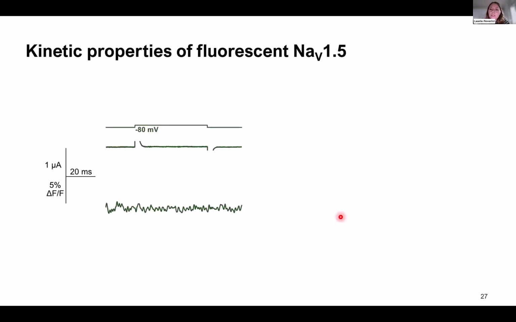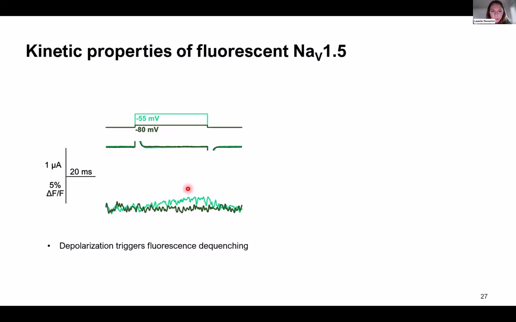Thus, we have reconstituted the fluorescent NaV1.5 with TPTS, and we have used voltage clamp fluorometry to follow current and fluorescence simultaneously. Here there is a representative recording. You can see that at a pulse at minus 80 millivolts, there is no current evoked and also no fluorescence change. At minus 55 millivolts, there is also no current, but there is a fluorescence signal that starts to emerge.